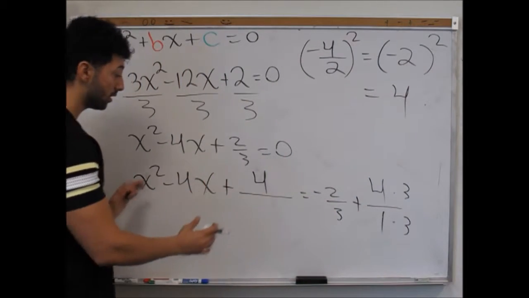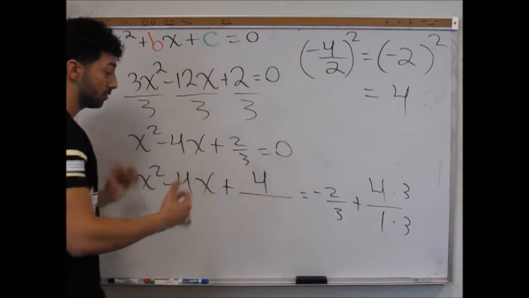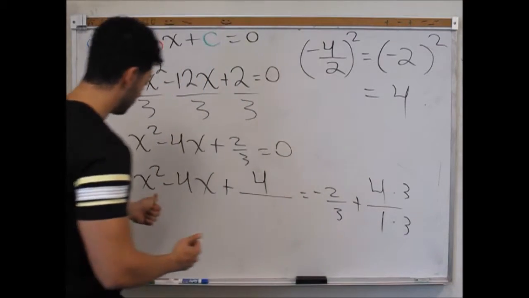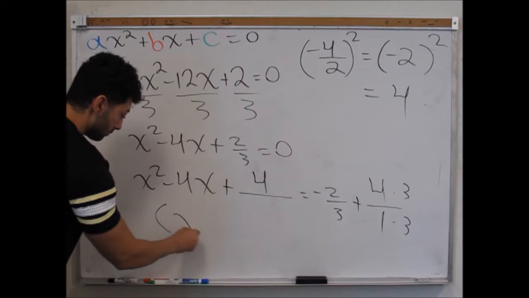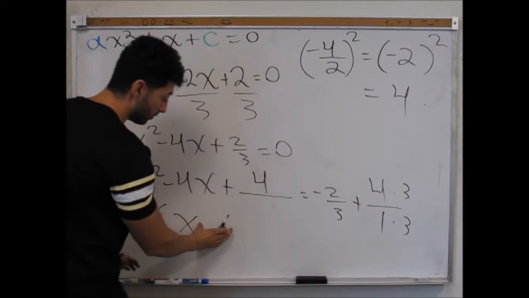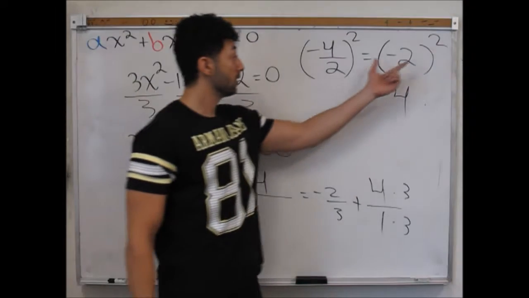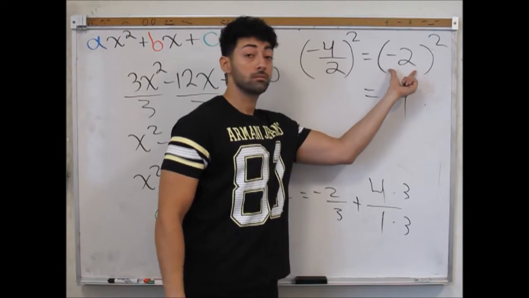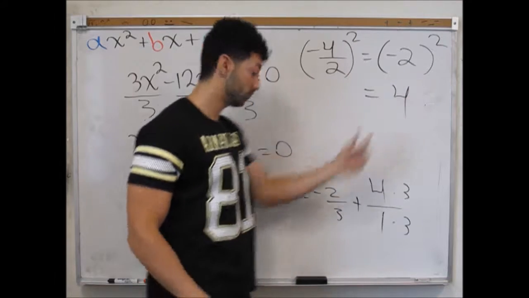And over here, this will always factor nicely as a nice binomial. It's always going to be x, and what's going to be here is always the second part after you simplify your b, which is this.